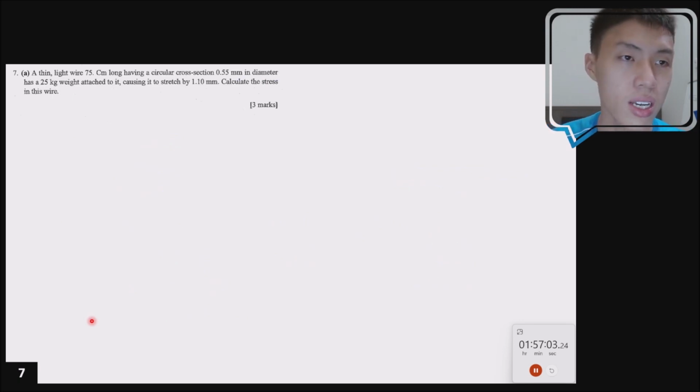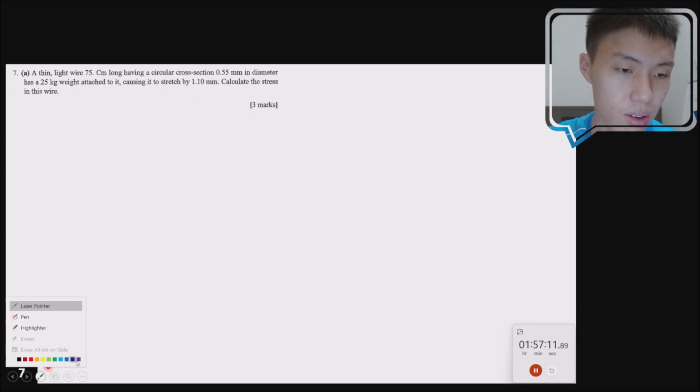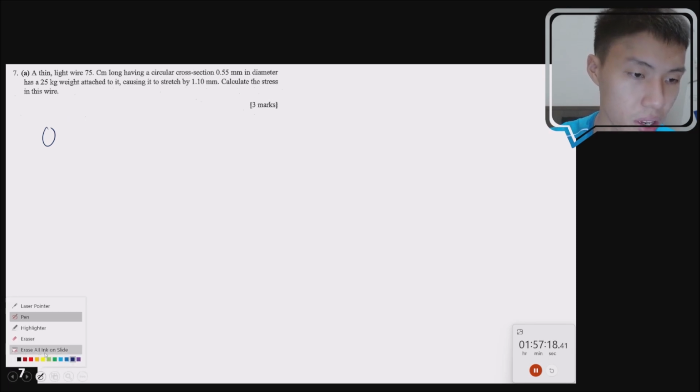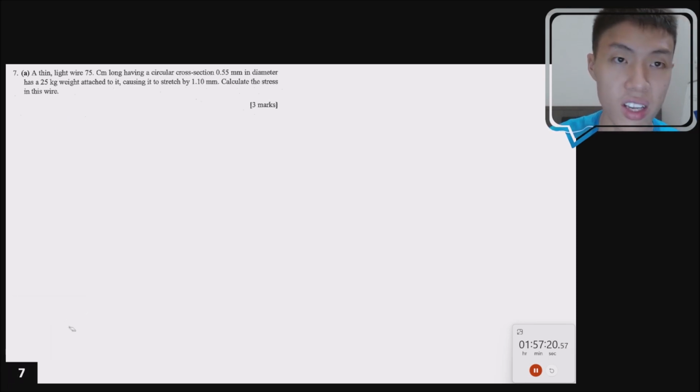Question 7. A thin light wire of 75 cm long has a circular cross-section of 0.55 mm diameter. Let's write down all the information we have first. You attach a weight, which means it's vertically arranged.